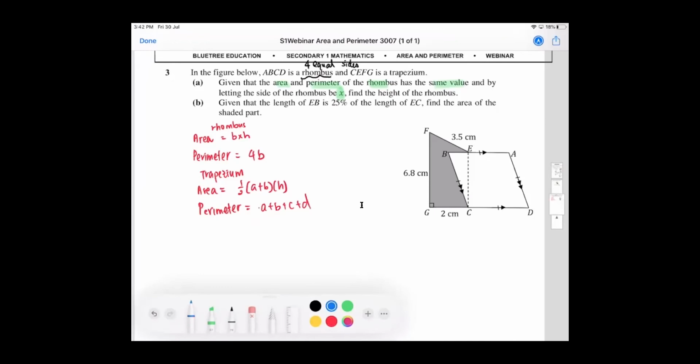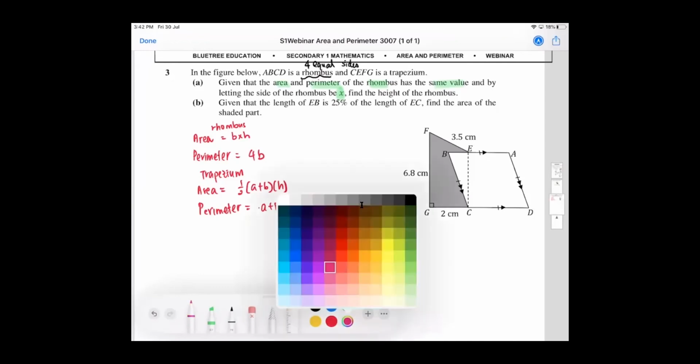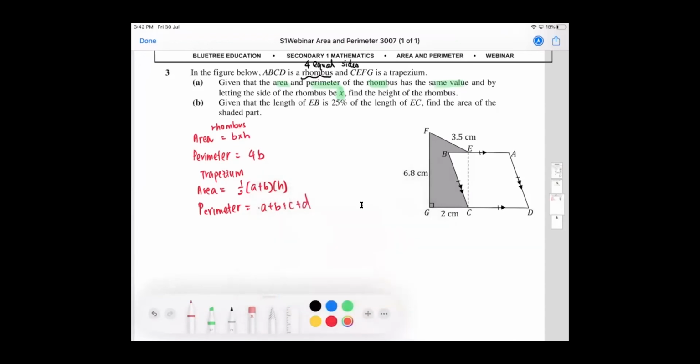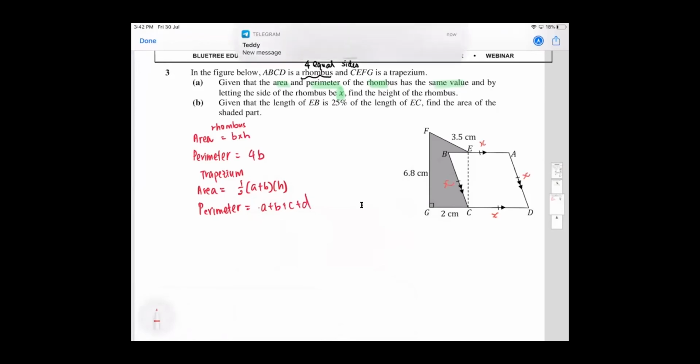Maybe I choose another color. What color? Orange. Okay, I let it be x. So x, x, x, x, like this. I let one side be x. Find the height of the rhombus. Let's focus on this formula.